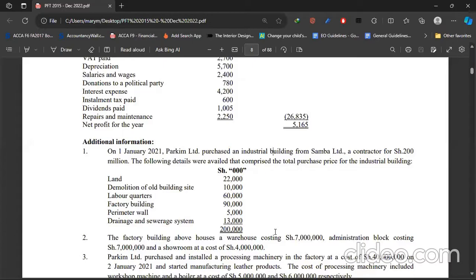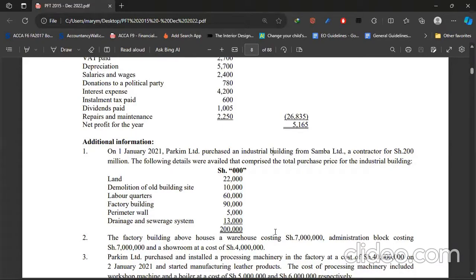The following details comprise the total purchase price for the industrial building: land 22,000, demolition of old building site 10,000, labor quarters 60,000, factory building 90,000, perimeter wall 5,000, drainage and sewer system 13,000, totaling 200,000.